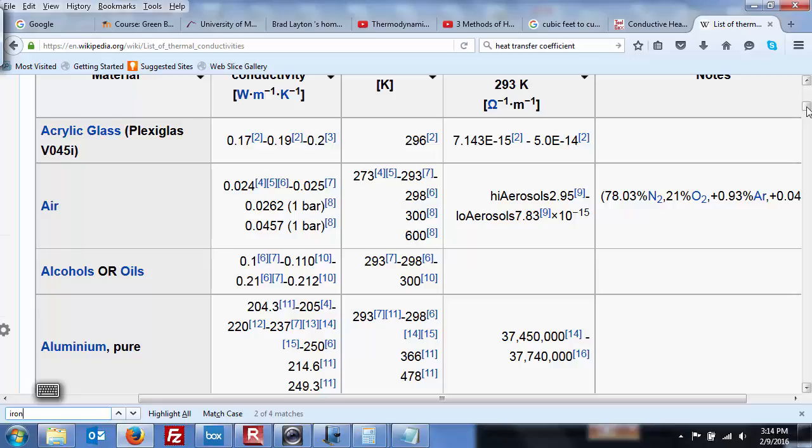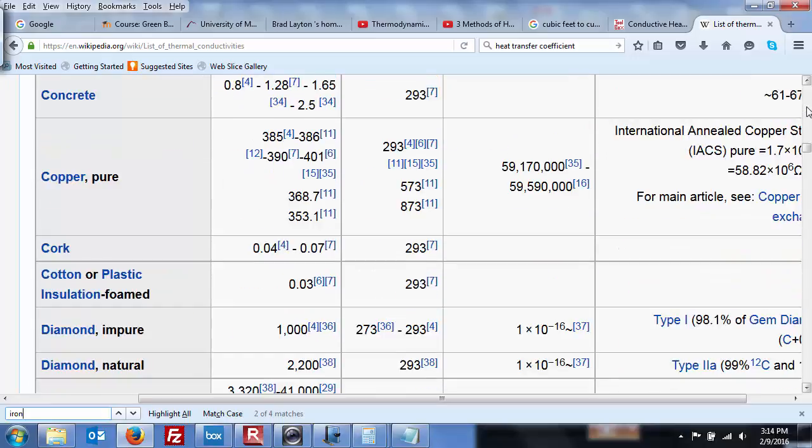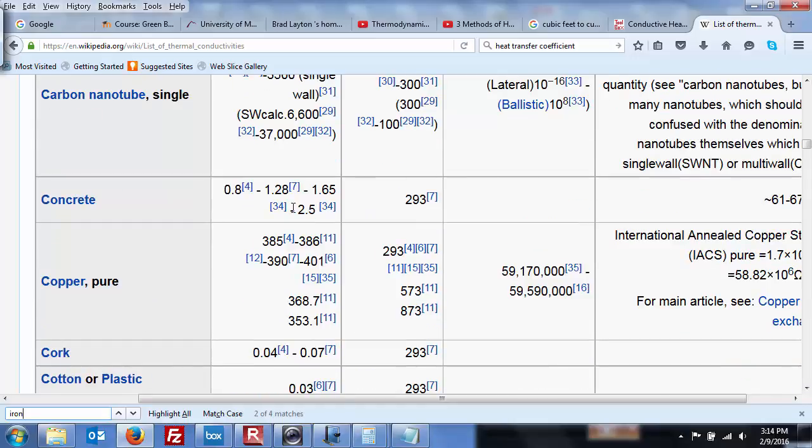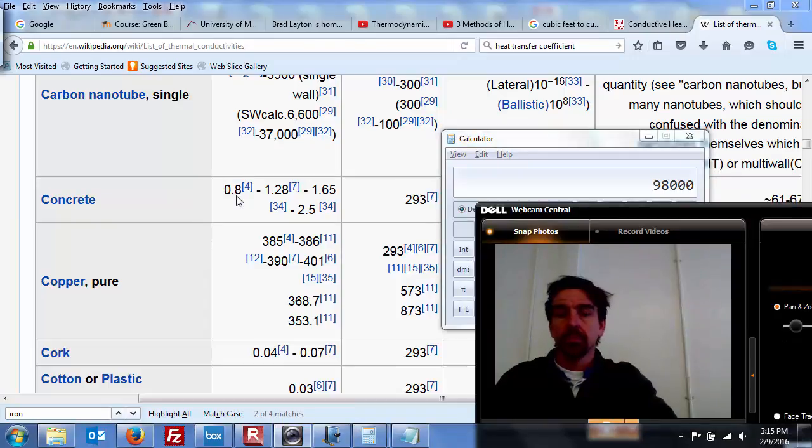But let's just go down. Here's concrete. I'm just going to call concrete a value of 1. So it's 70 times less thermally conductive than steel. What are the units on that?